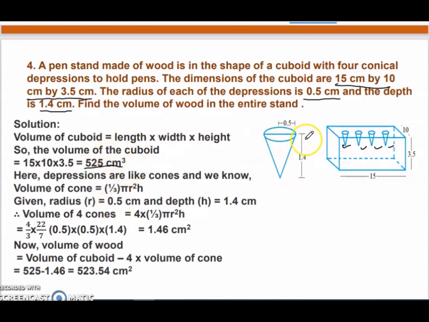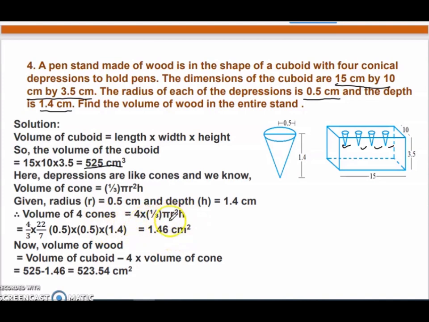Now for the conical depression, for one of the cones you can find out 1 by 3 pi r square h, that is the formula. R is 0.5 and height is 1.4. So one of the cones you can find out and multiply with 4.